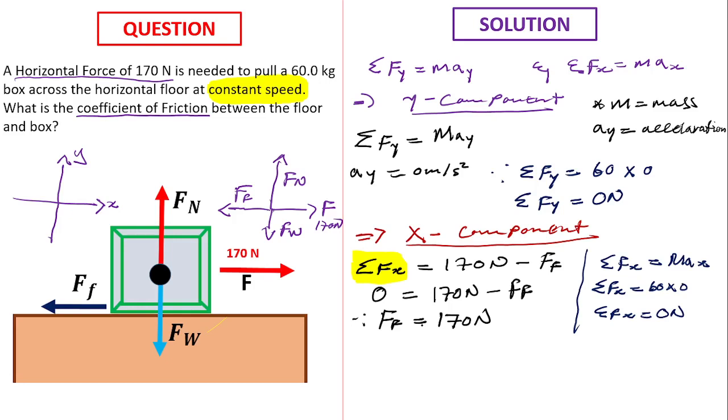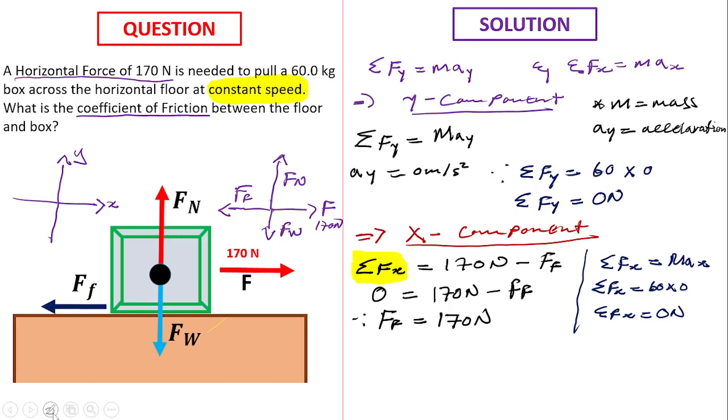Now, after you understand that, you need to look for the value of the normal force. First we found the value of the y component. There is no acceleration, so it's 0. Even the x component is 0 because it is at a constant speed. Now the next thing is for you to try to find the normal force.